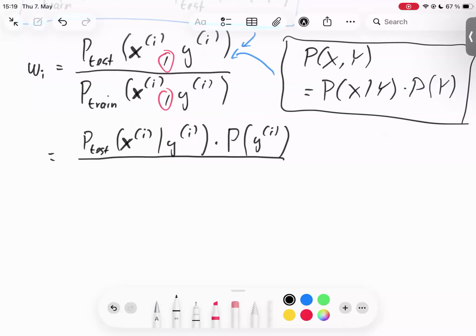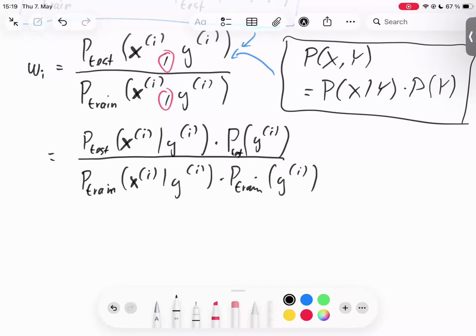And we can do the same, not just for the numerator, but also for the denominator: P train of xi given yi times P train of yi.